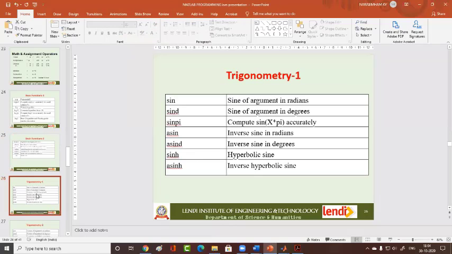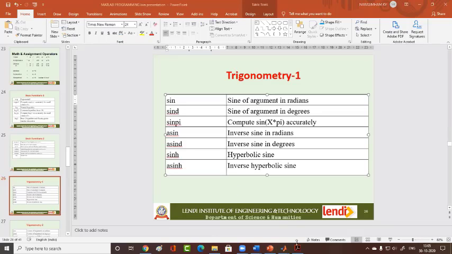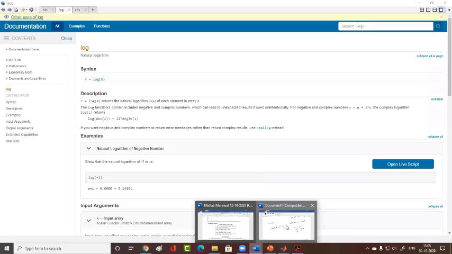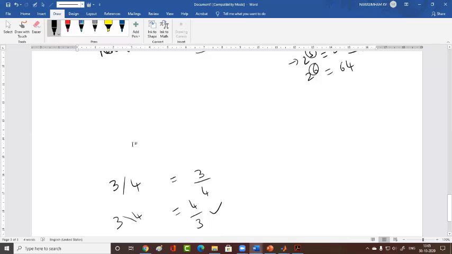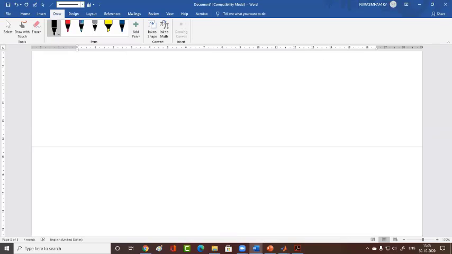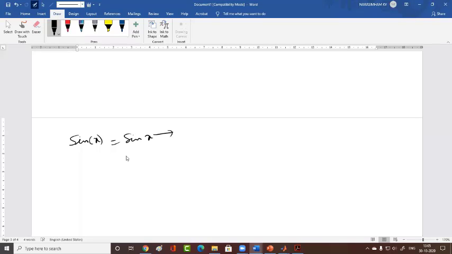Now coming to trigonometric functions. So sine functions default in radians only. Sin of x is nothing but sin x or sin theta, but x in radians only.